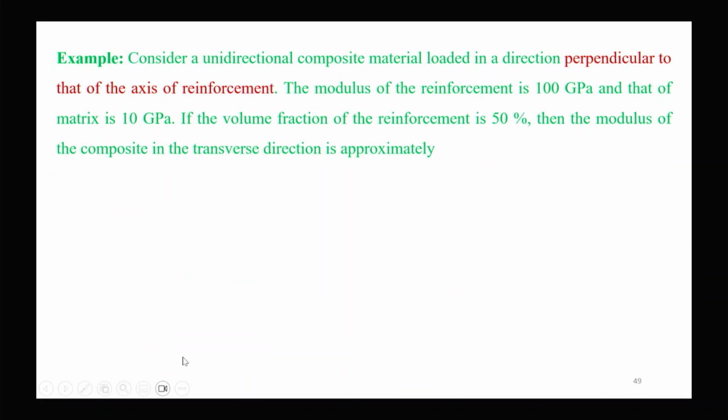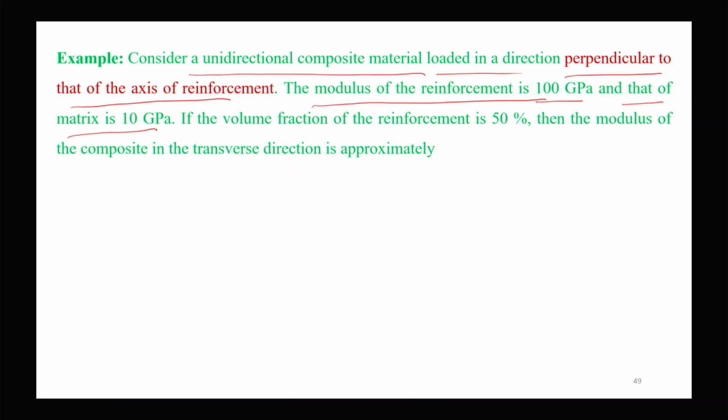Next, consider a unidirectional composite material loaded in the direction perpendicular to the axis of the reinforcement. Since it is perpendicular to the axis, the inverse rule of mixture will be used here. The modulus of reinforcement is 100 gigapascal and that of the matrix is 10 gigapascal.